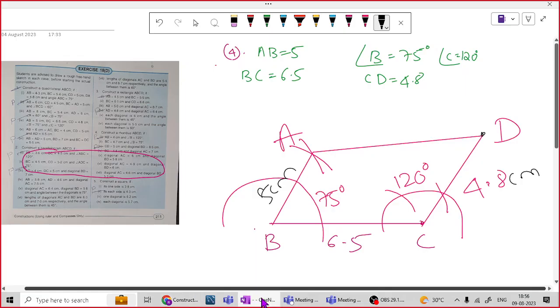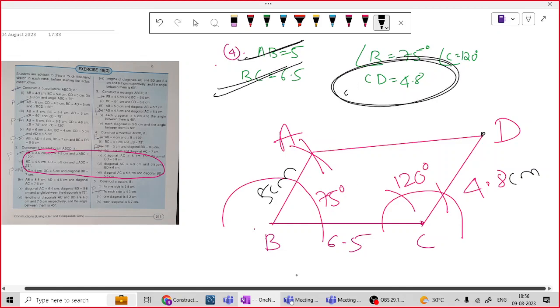Then from A to D, what's the value of A to D? A to D is not given. Okay, C to D, what's the length of C to D? 4.8. AB is done, BC is done, one value is left, CD. CD is 4.8.